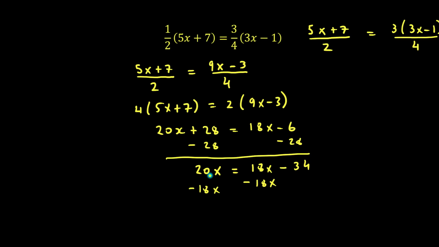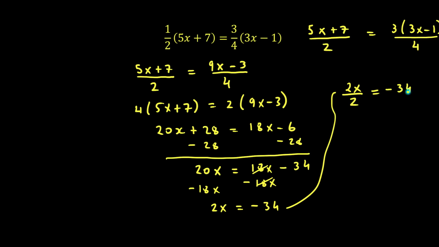And then that would give me, so 20 minus 18, that would give me 2x. And of course that would cancel. And I'll be left with minus 34 on the right hand side. Then I'm just going to move this over here. So I need to divide both sides by the coefficient in front of the x, which is 2.